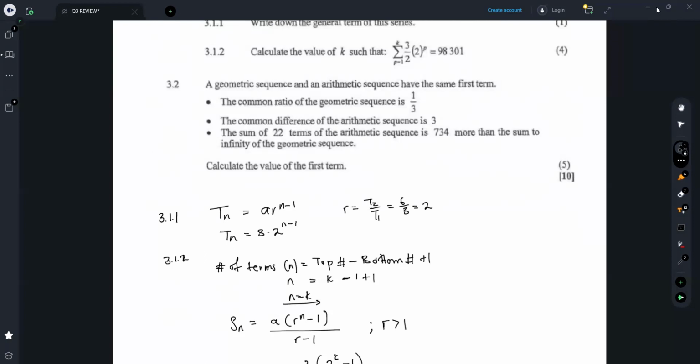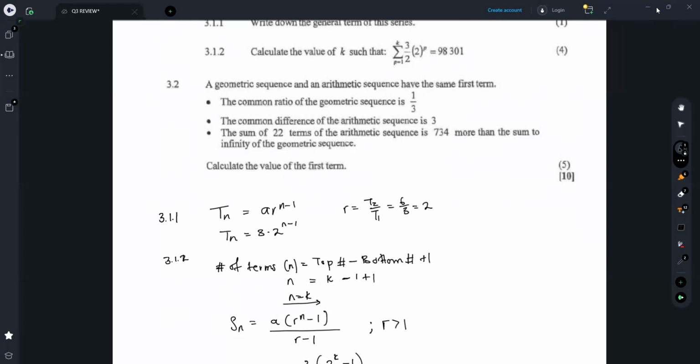We are also told that the common ratio of the geometric sequence is 1/3, and the common difference of the arithmetic is 3. The sum of 22 terms of the arithmetic series is 734 more than the sum to infinity of the geometric series. So these other parts here are easy to catch, right?